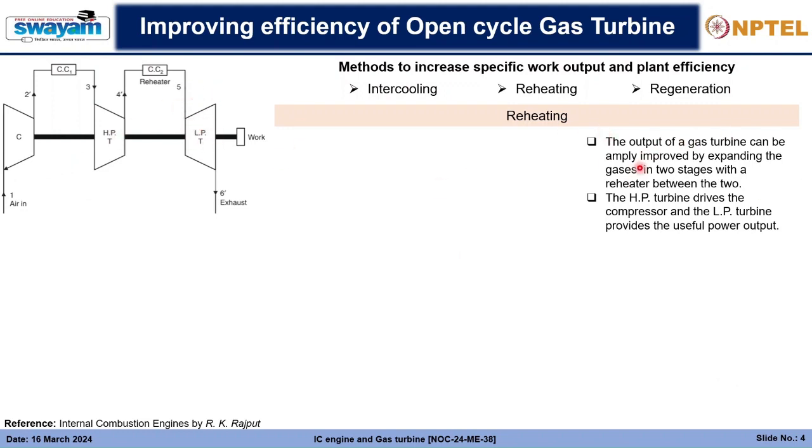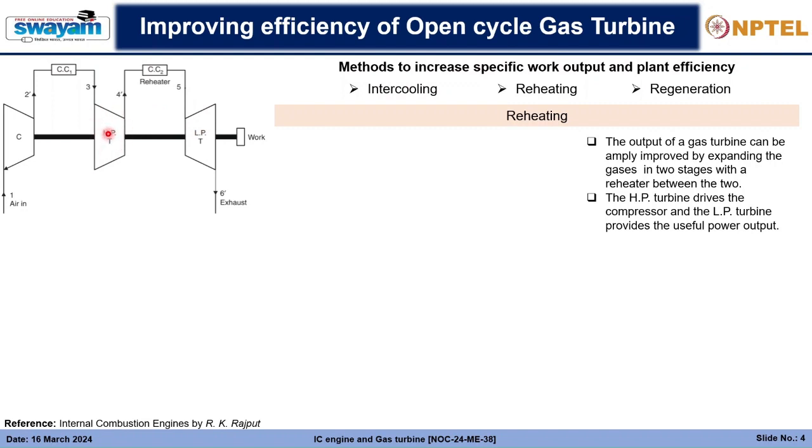So the main concept is that the output of a gas turbine can be amply improved by expanding the gases in two stages with a reheater between the two. The high pressure turbine drives the compressor, and the low pressure turbine provides the useful power output. There will be two stages of gas expansion, at the high pressure turbine and the low pressure turbine.